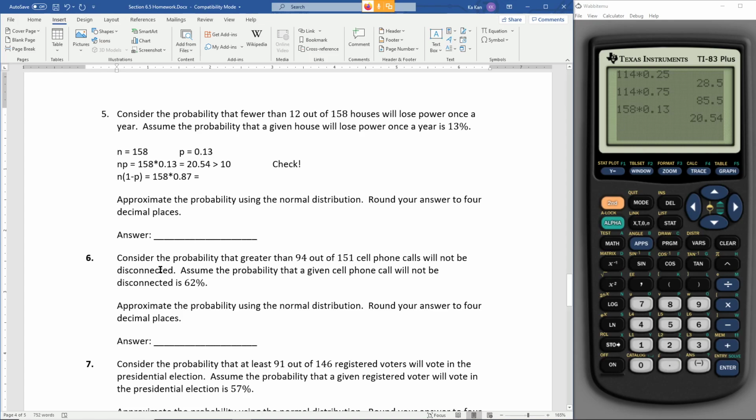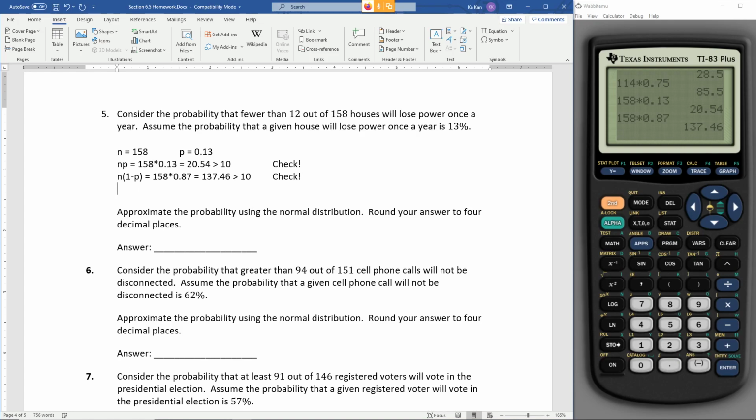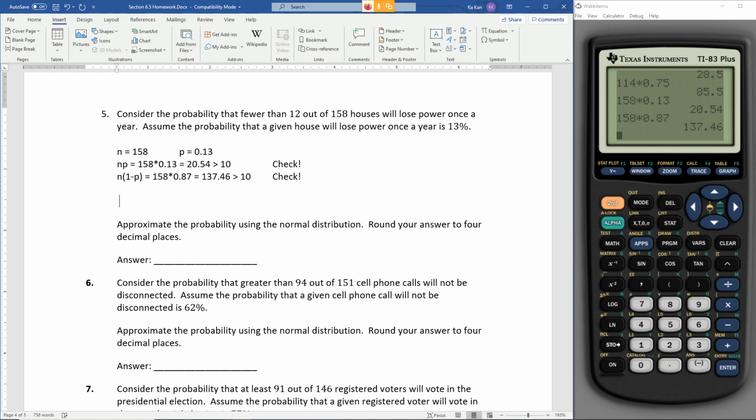So let's say this, and that is bigger than 10. So check. So we can use the normal curve to approximate this binomial distribution.